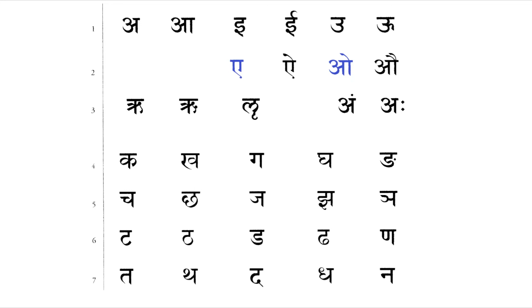Take the primary power from the source position 1, direct it forwards to position 5. A, u, and we get the guna form O. O is the guna, or single strengthening, of u or oo.